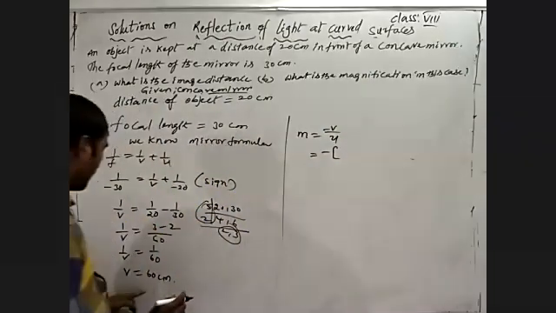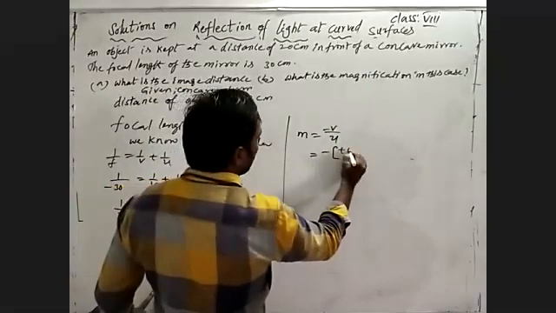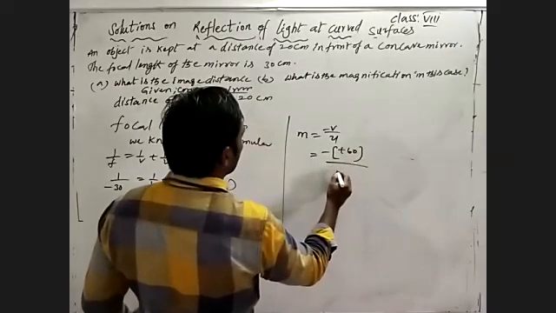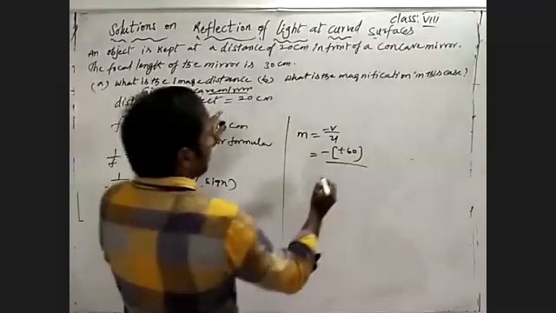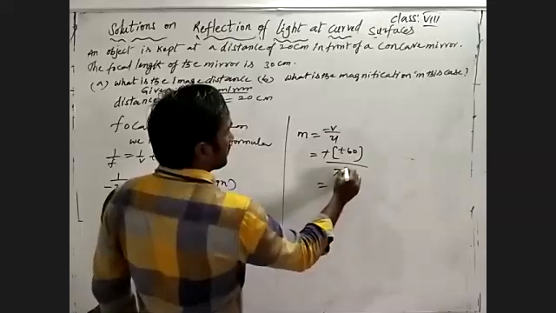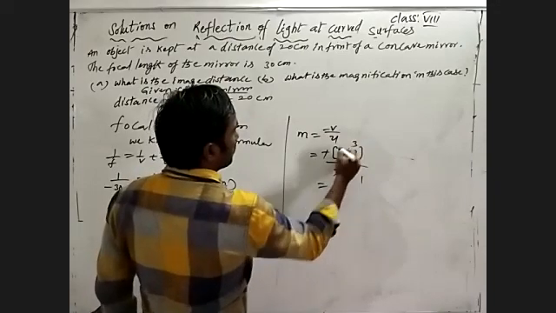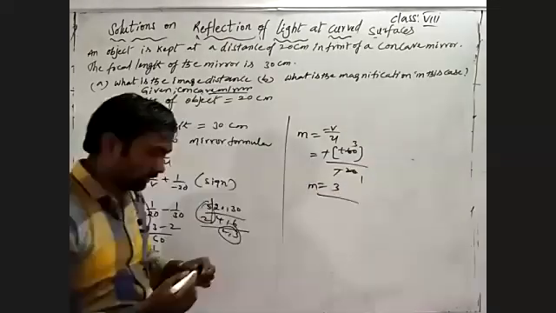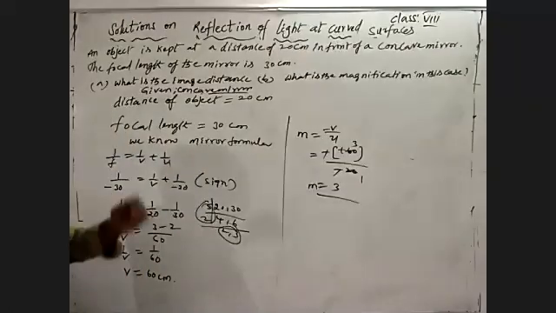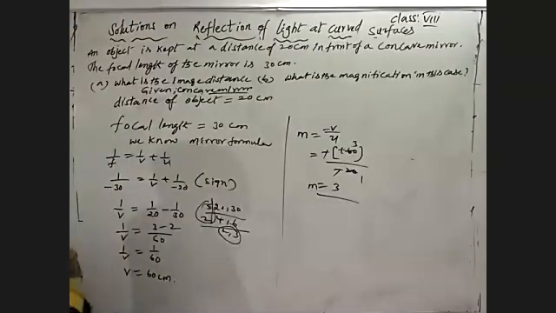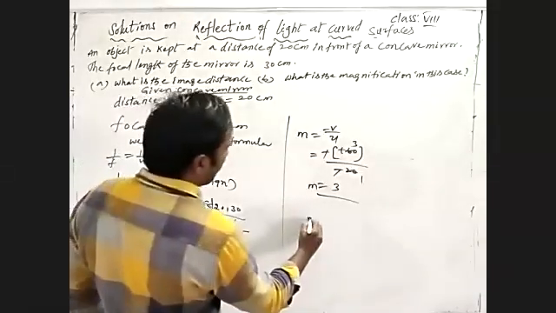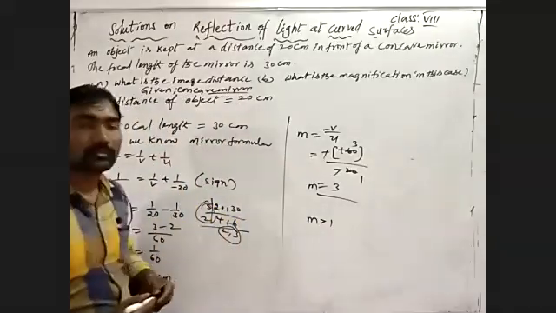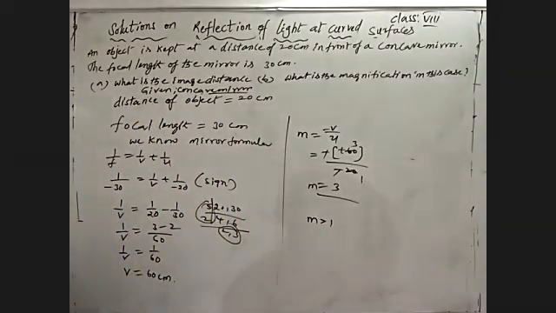According to sign convention, v is plus 60, no? 60 by object distance, which is minus 20. So minus minus cancel, and magnification is 3. So it is greater than 1. Concave mirror magnification is greater than 1.